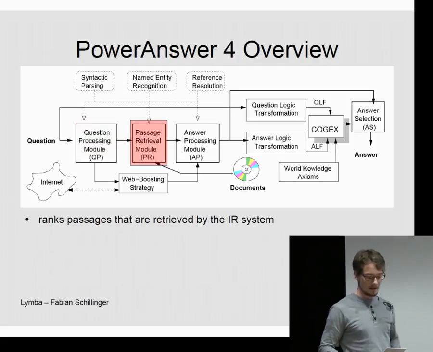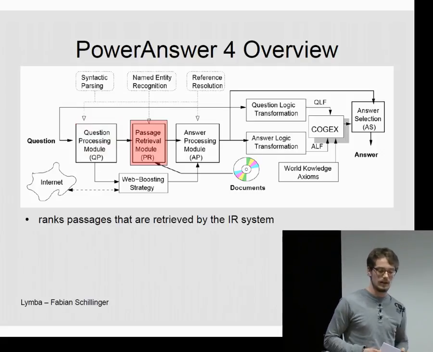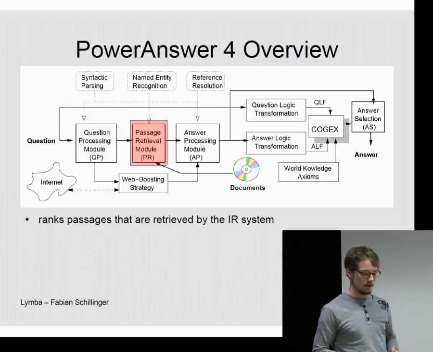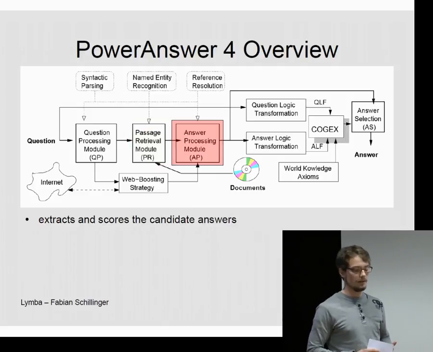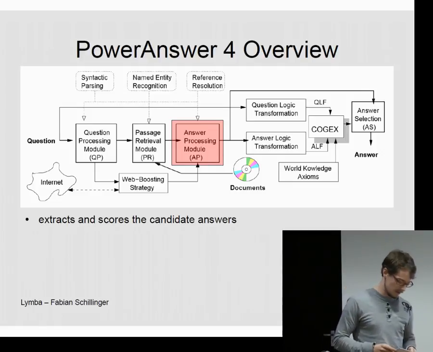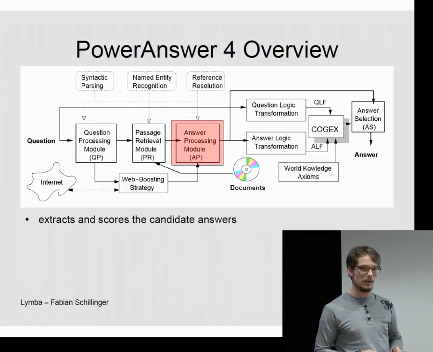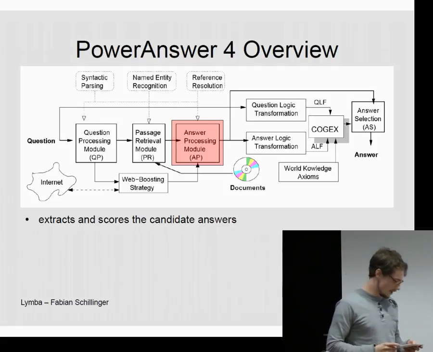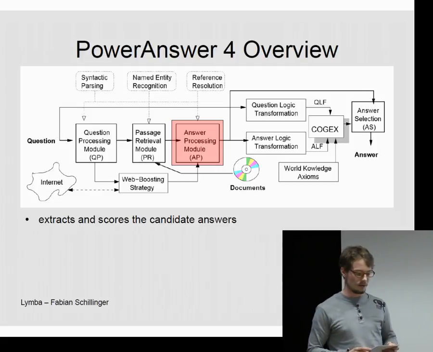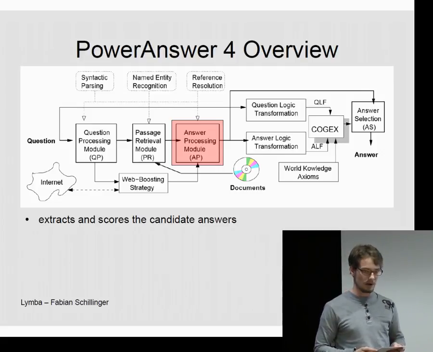The passage retrieval module ranks the passages that are retrieved by the information retrieval system, and the answer processing module extracts and scores the candidate answers based on syntactic and semantic features such as keyword density, semantic ordering, entity types, and answer likelihood score, which I will explain later.